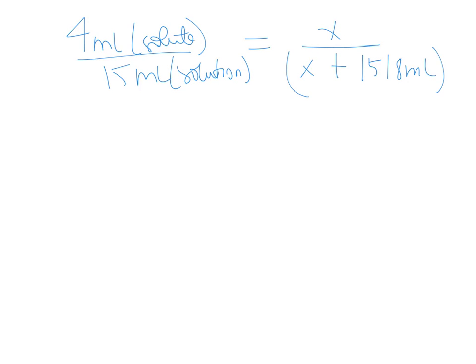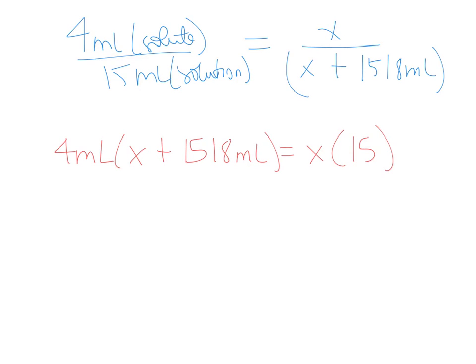So now we're simply going to cross multiply, and that will give us 4 mils multiplied by X plus 1,518 mils, is equal to X multiplied by 15, okay? You can only cross multiply when you have a fraction equaling another fraction, so please keep that in mind.